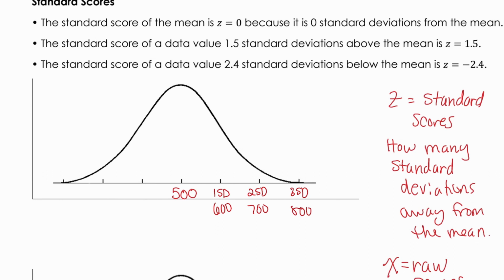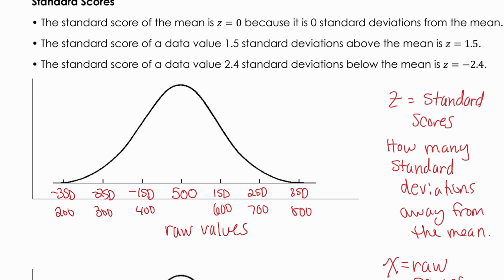And then if we went to the left, that's minus 1 standard deviation because we went to the left, that was 400. Minus 2 standard deviations to the left would give us 300. And then minus 3 standard deviations to the left gave us 200.